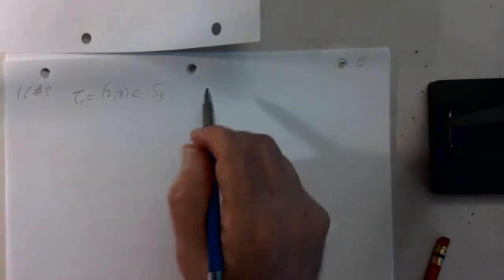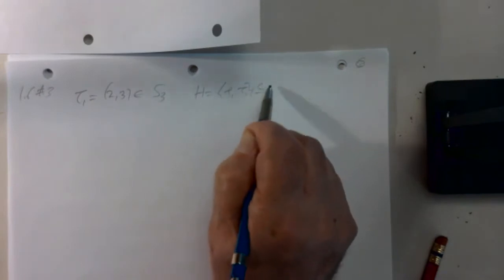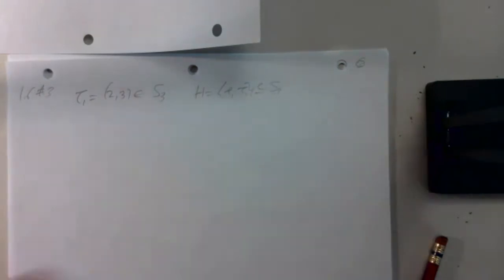And H equals {E, tau 1} is a subgroup of S3. Compute the left and right cosets S3/H and H\S3.